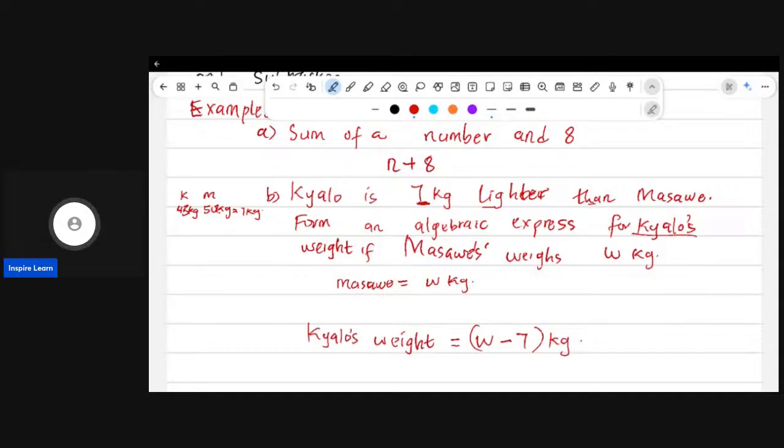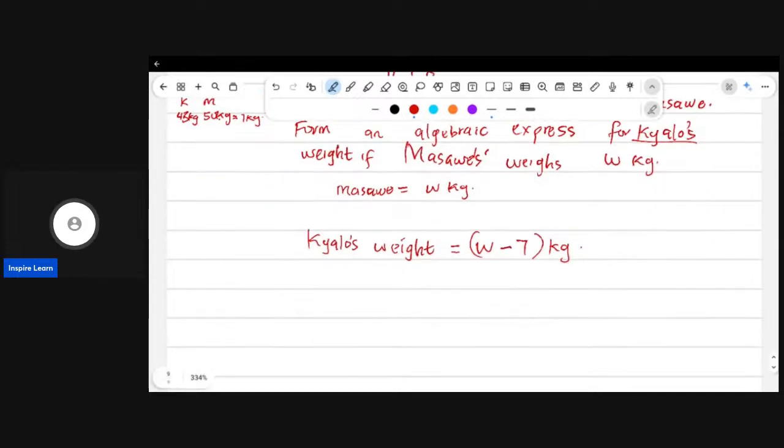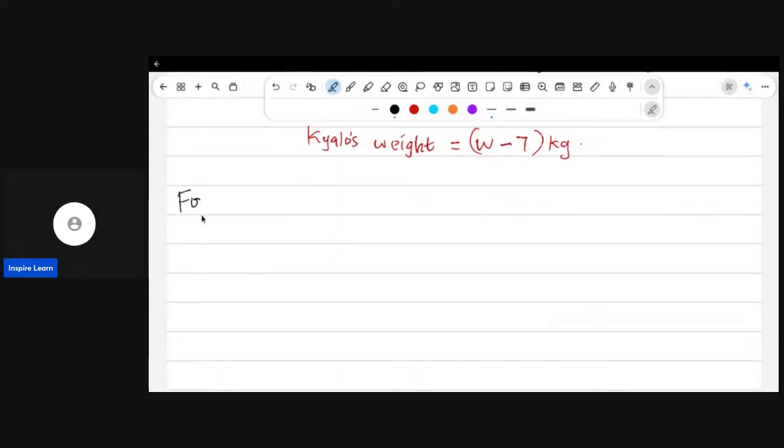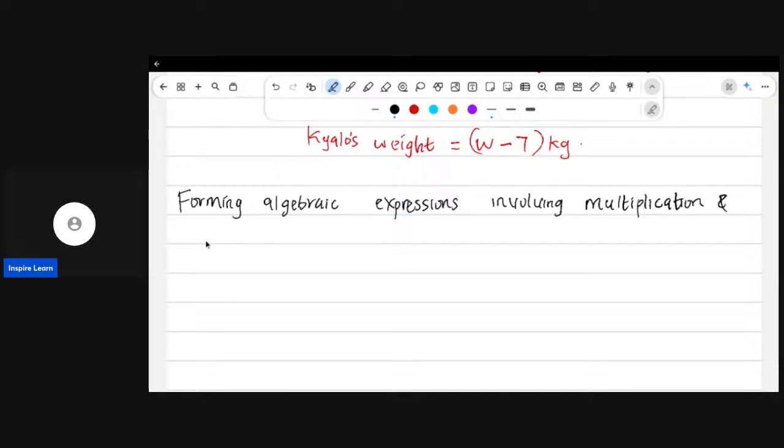Again, we can also have algebraic expressions involving multiplication and division. So the next thing you're going to learn about is forming algebraic expressions involving multiplication and division.